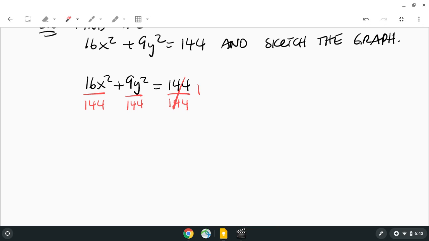And here, 16 will cancel out with 144 because 16 goes into 144 9 times. So I get x squared over 9. And 9 goes into 144 16 times. So now I have it in standard form.